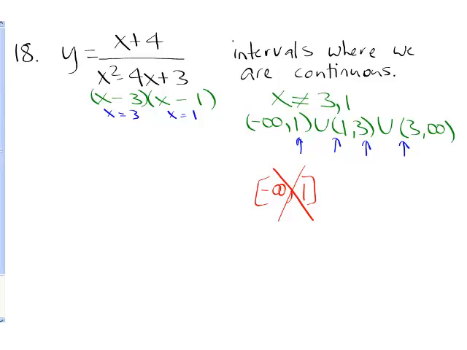But anytime you use a parenthesis, that's okay, because we're saying we go up to, but don't actually stop on or use that specific number. It's getting closer to it, but not hitting it.